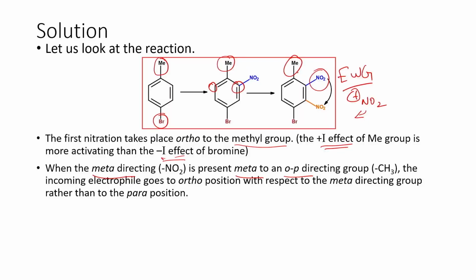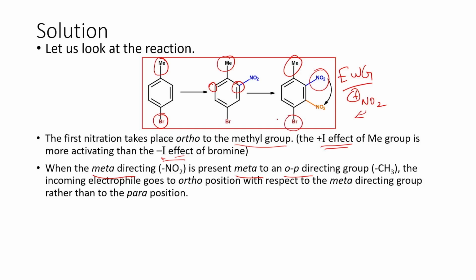That is the reason we say the meta positions are deactivated more. So we have a meta directing nitro group present meta to an ortho para directing group. These are a little bit complicated things that we are going to talk about. We have an ortho para directing methyl group, and the meta directing nitro group is present meta to the ortho para directing group.